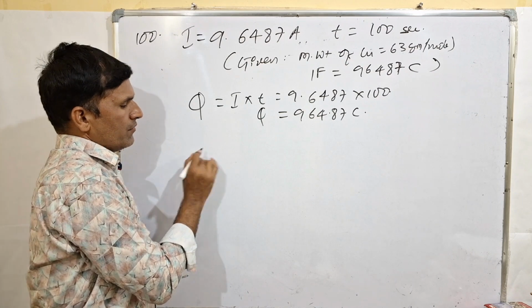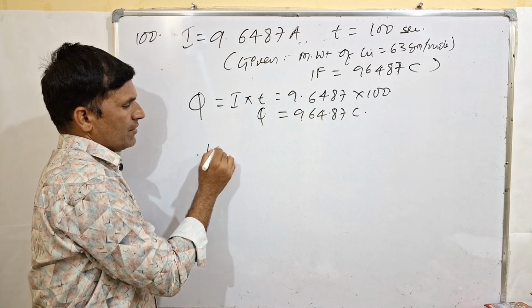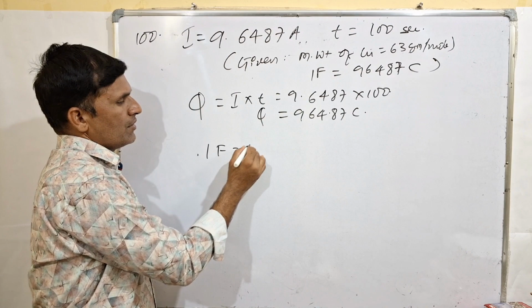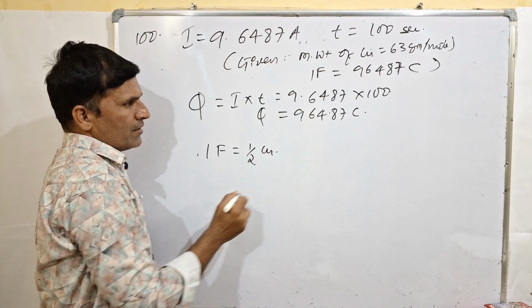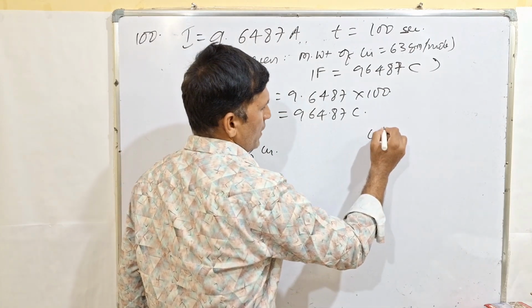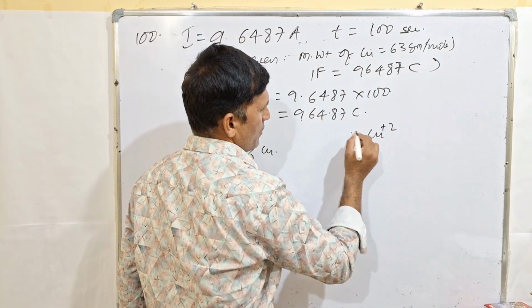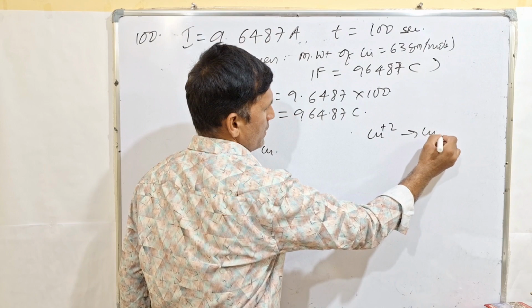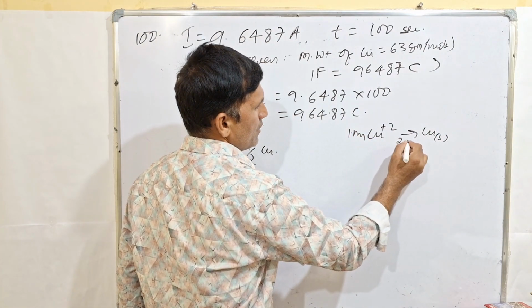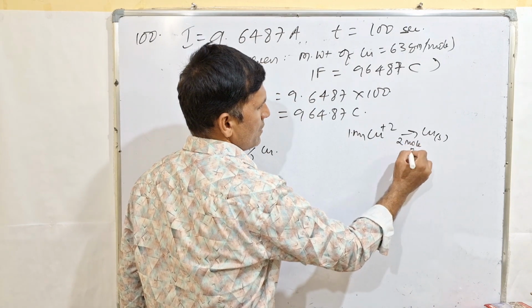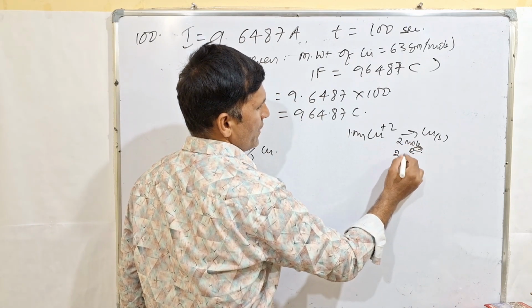We know that 1 Faraday corresponds to half mole of the copper. Why? Because for 1 mole of copper to reduce to solid copper, how many electrons do we need? 2 moles of electrons, which means 2 Faraday we need.